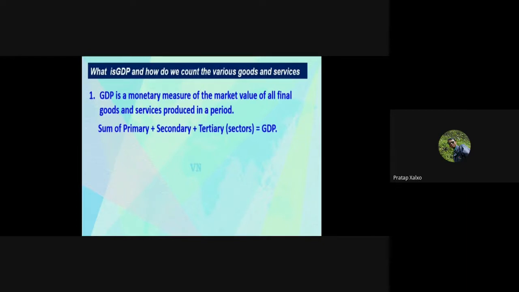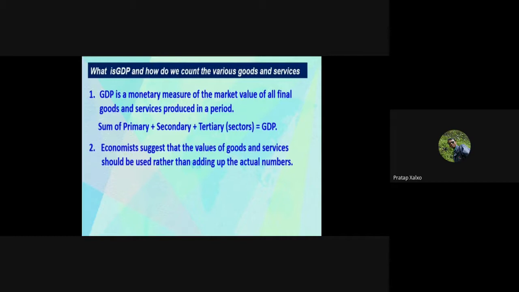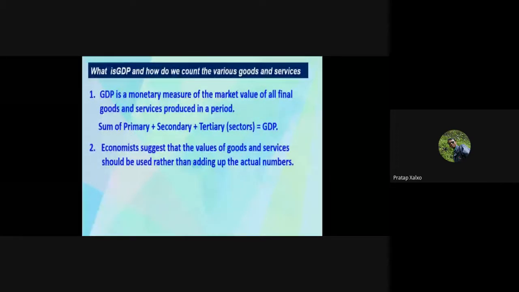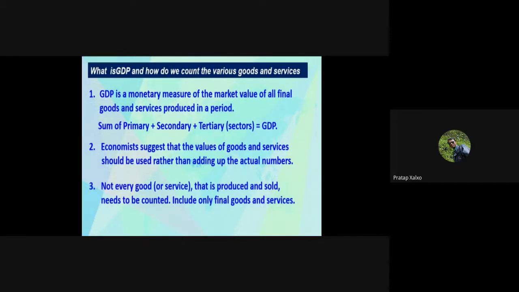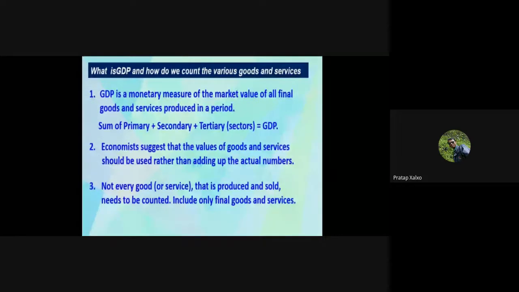It is the sum of primary, secondary, and tertiary sectors. That is what GDP is. Now, economists suggest that the values of goods and services should be used rather than adding up the actual numbers. And not every good or service that is produced and sold needs to be counted. Include only final goods and services.